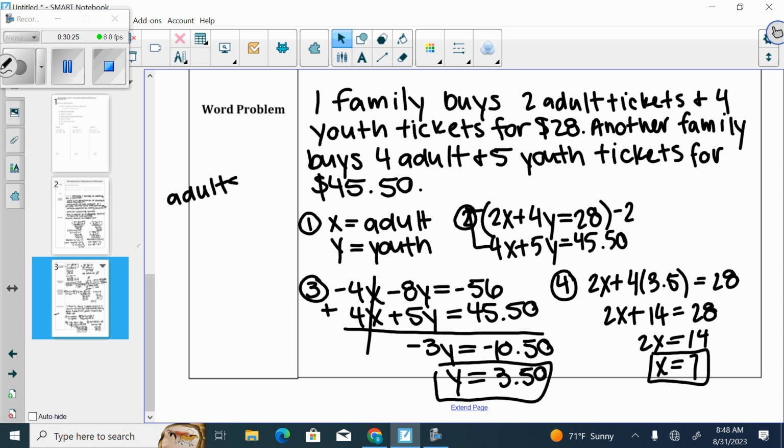You could say that the adults cost how much? $7. And youth cost, good. And typically, if it's a word problem, you're answering a type of question as to what belongs with what value. So we'll see our answers written this way.